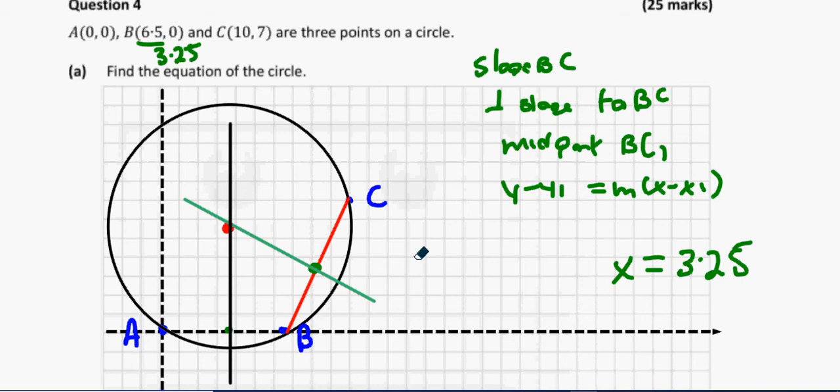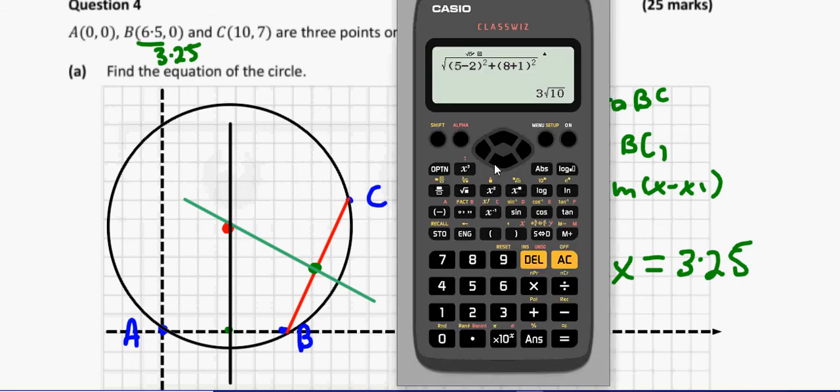Alright, slope of BC. I'll enter it into the slope formula: y2 minus y1 over x2 minus x1. y2 can be 7, y1 can be 0, x2 can be 10, and x1 can be 6.5.